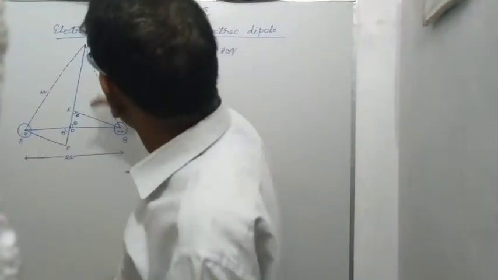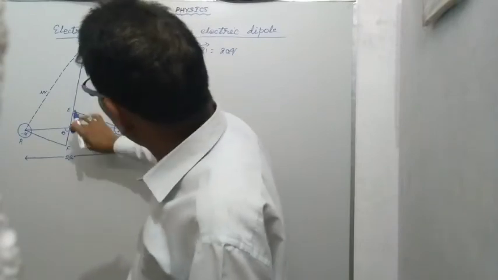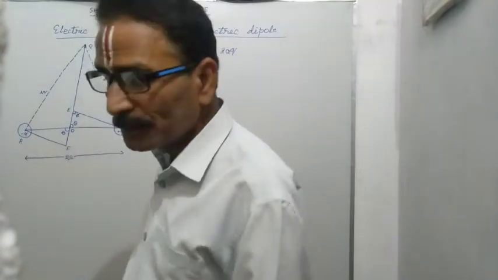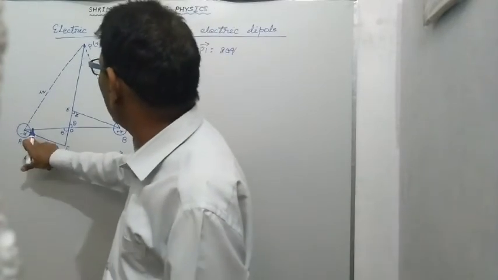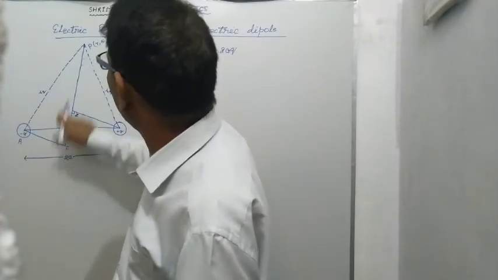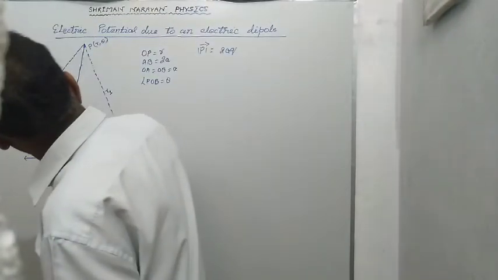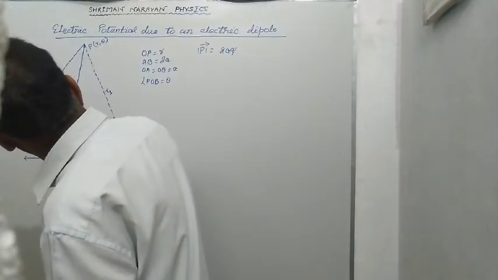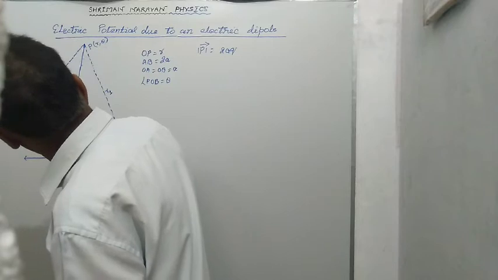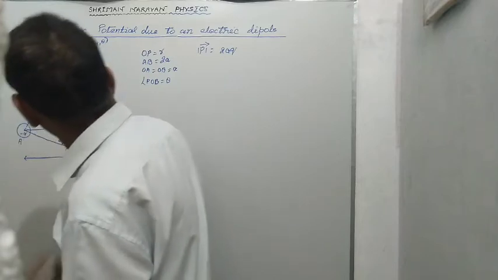Similarly, we produce this line PO to OF and again we draw a perpendicular AF on this line PO produced. As it is perpendicular, this angle will also be equal to 90 degrees.